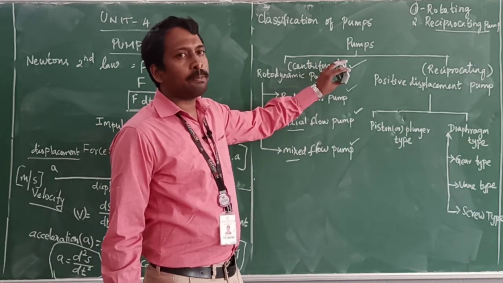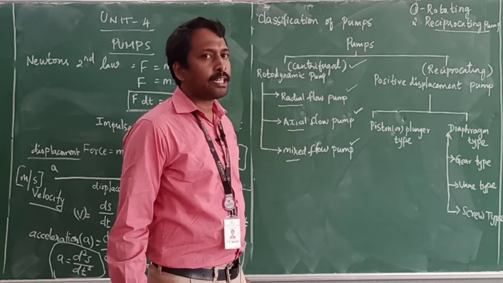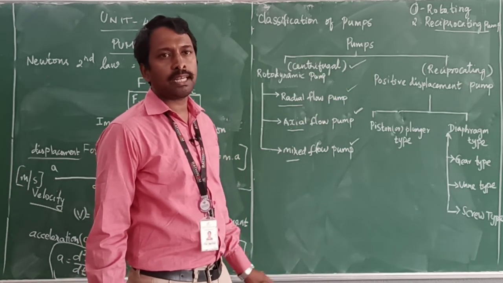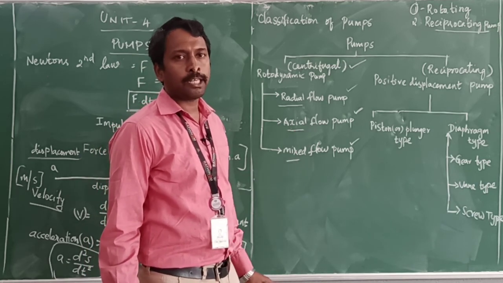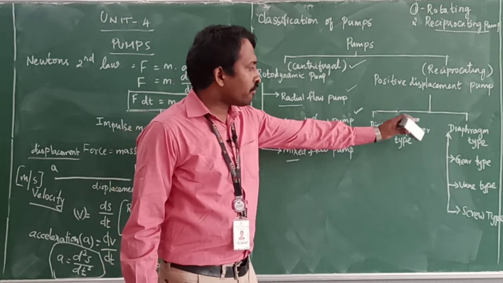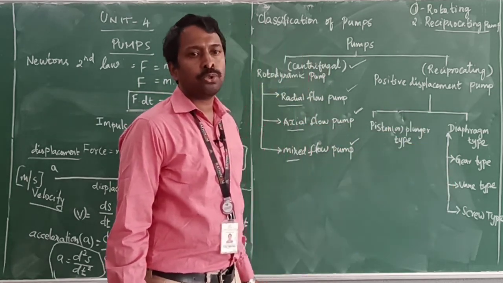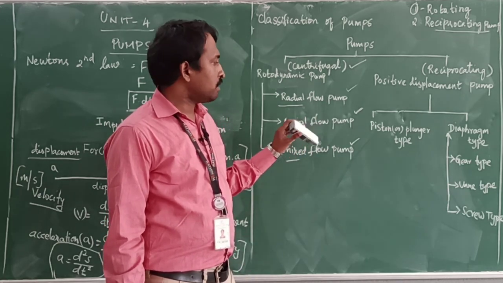For the reciprocating pump we have two types: single acting reciprocating pump and double acting reciprocating pump. The diaphragm type, gear type, vane type and screw type pumps are used to transmit higher viscosity fluid. Okay, thank you.